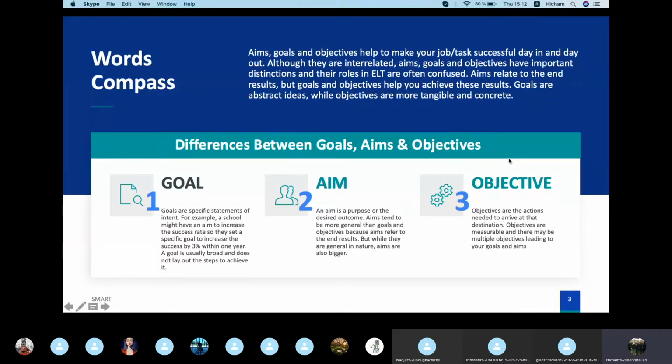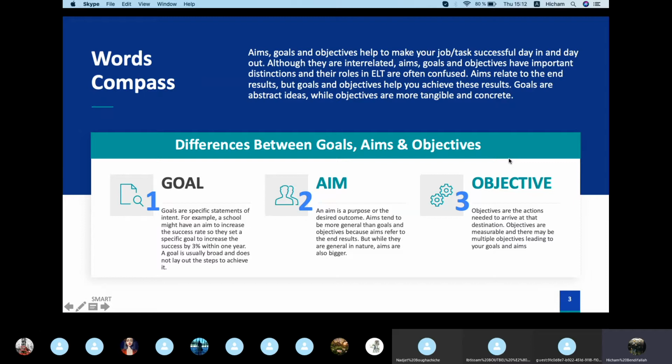Okay, you're absolutely right. I don't know your name, the person who answered the question, but thank you for the important details you've given. I would just give two little examples for you to understand generally how we apply an aim, how we set a goal.